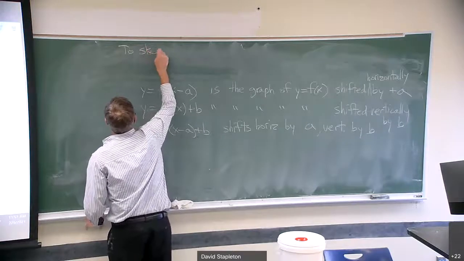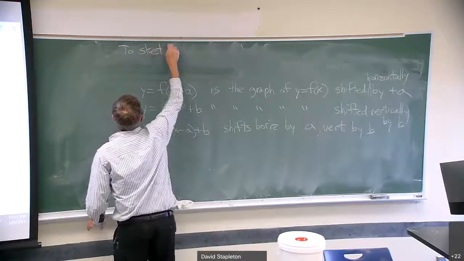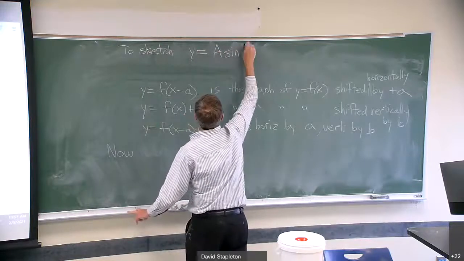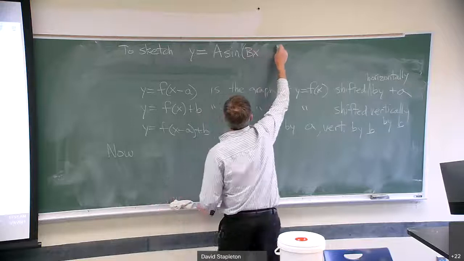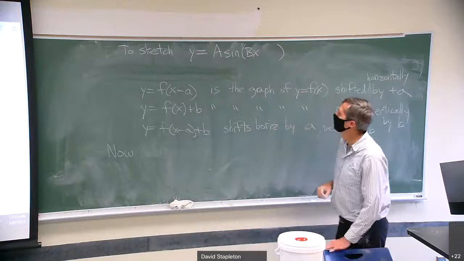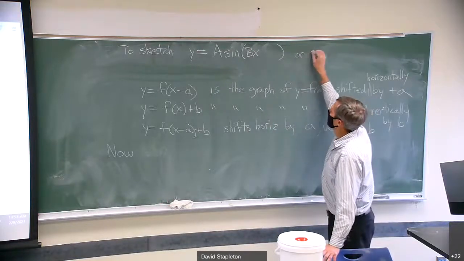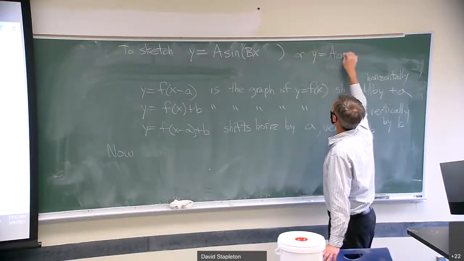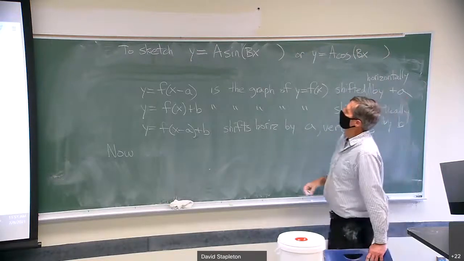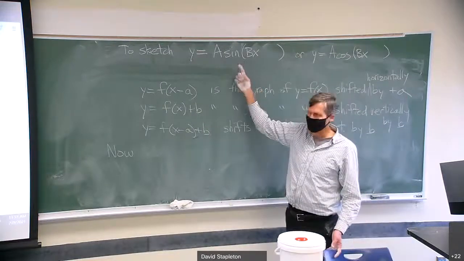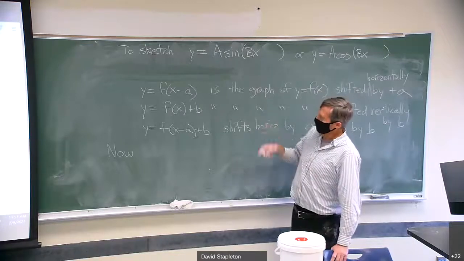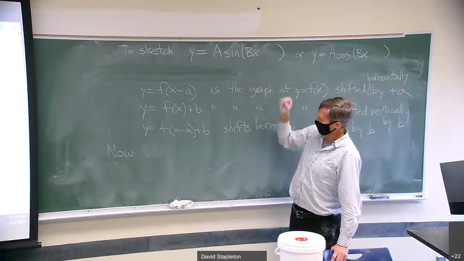To sketch more generally, so far we've just been talking about y equals a sine dx, or y equals a cosine dx. I'll leave a little space this time. We found the amplitude, we found the period. Sine started at the middle, cosine started at the top. Easy, right? You just sketch a wave and do the right period and go between the guidelines.